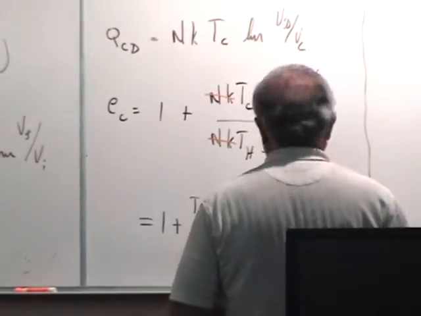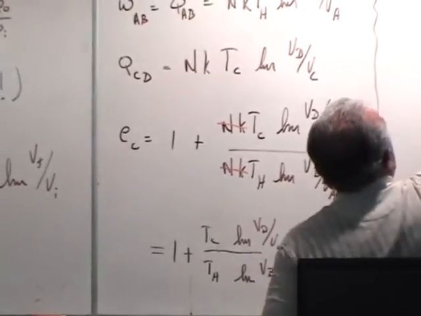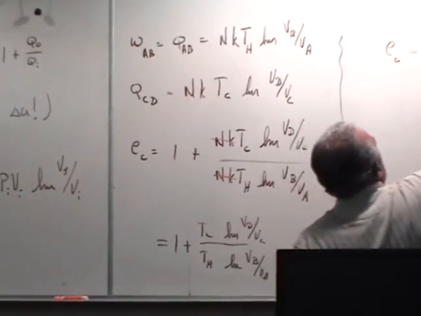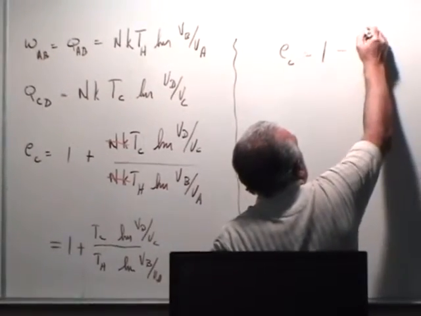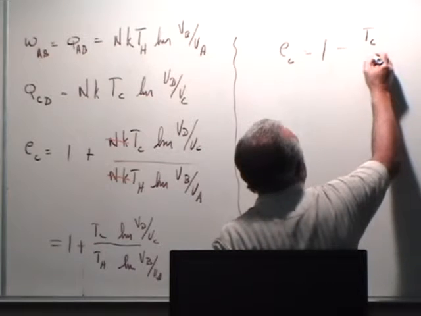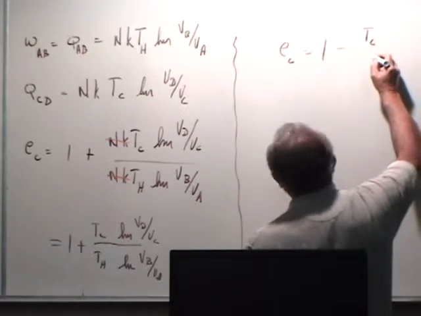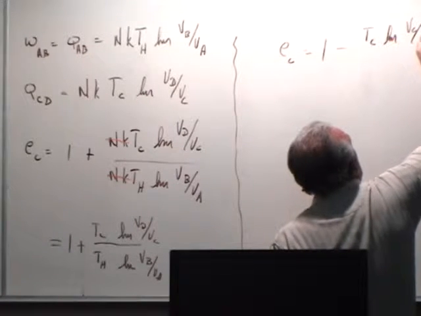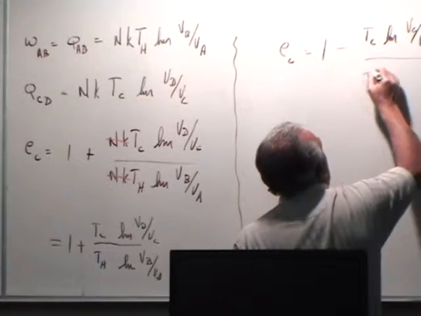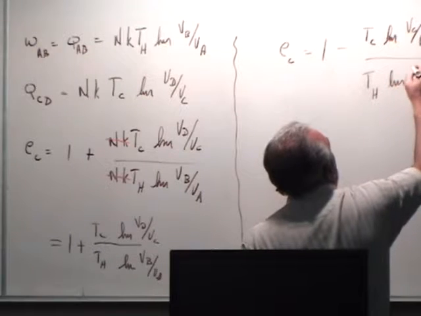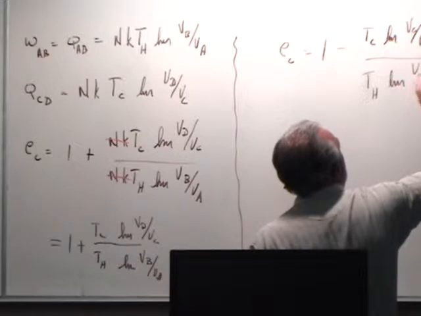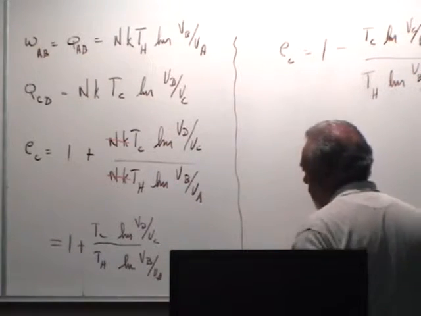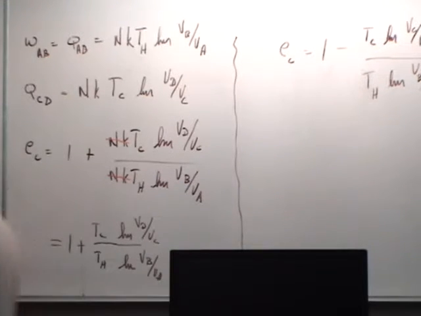Just watch this and see if it's justified in your mind. The efficiency is 1 minus T cold times ln VC over VD, over T hot ln VB over VA. Is that justified? What did I do and how did it happen?